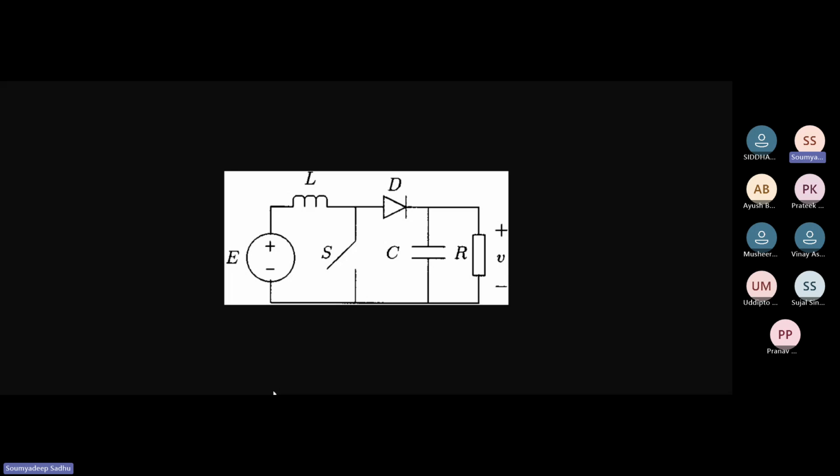So we add passive energy-storing components like inductor and capacitor, so that even if we are doing this switching operation inside the circuit, we won't see this on-off operation on the output. Understood?